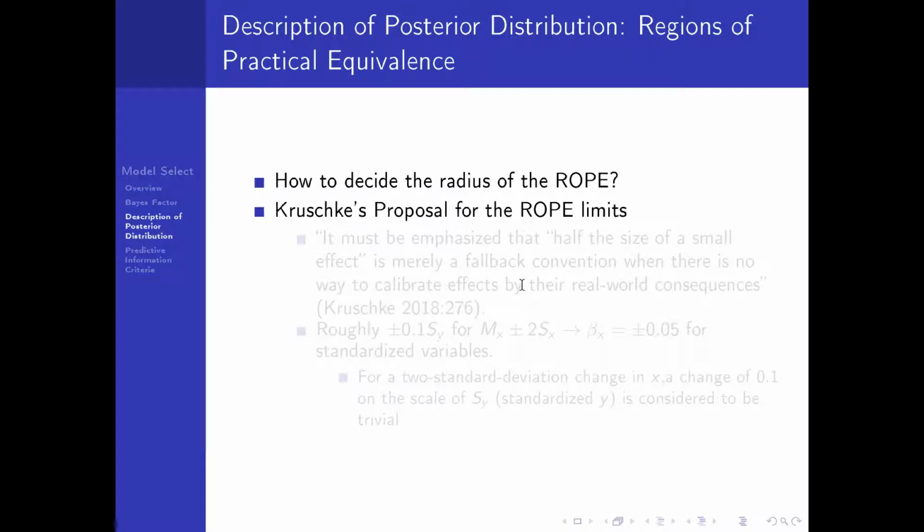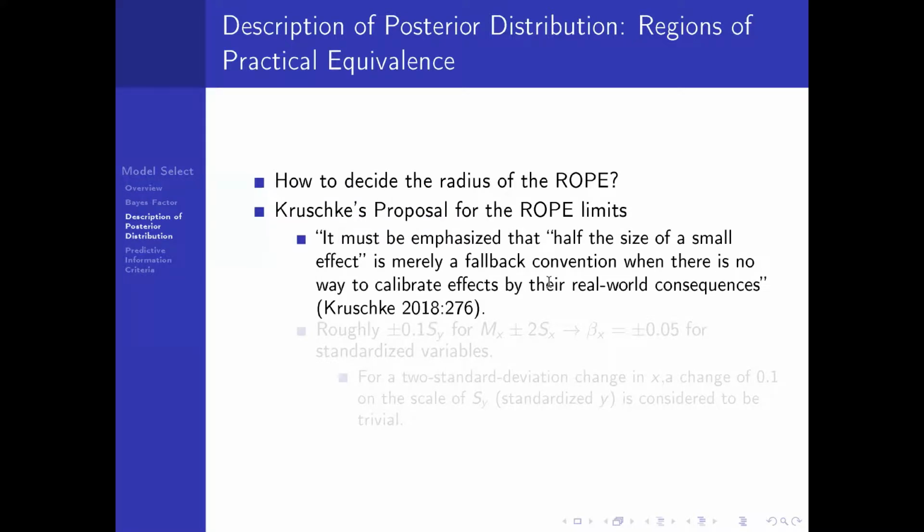And here's Kruschke's proposal for the ROPE limits, because once we set up the ROPE, then we can decide pretty much if the values within a certain range are equivalent to the null value. Okay, the null value in most cases would be 0. Okay, and Kruschke's proposal is largely based on Cohen's d, right?